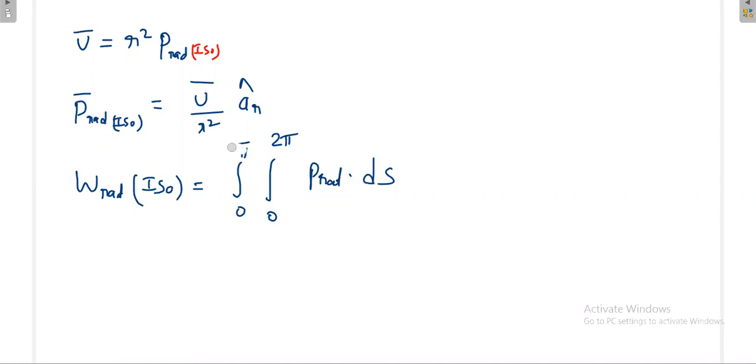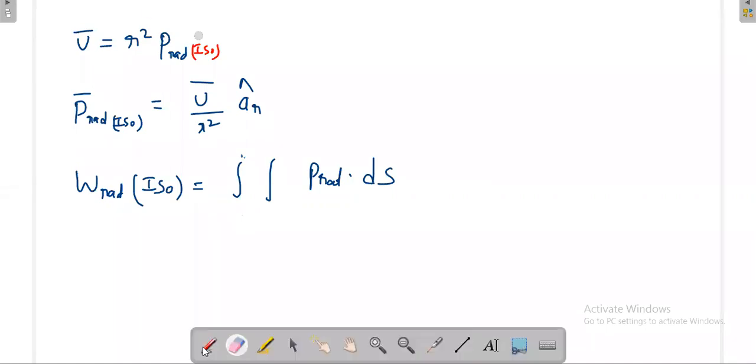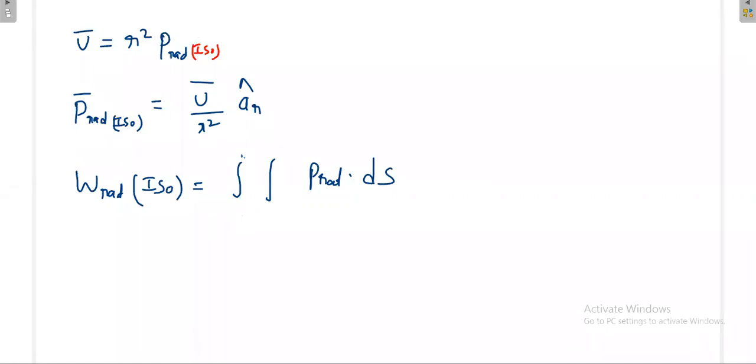Actually, this is the integral. Say one variable is theta and another is phi. For isotropic, my theta goes from 0 to pi and my phi goes from 0 to 2 pi.